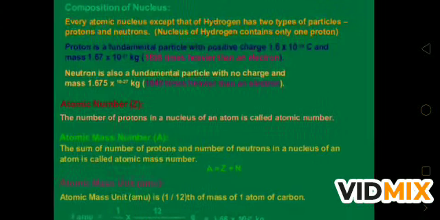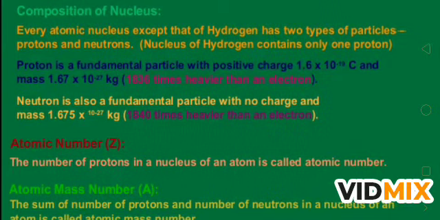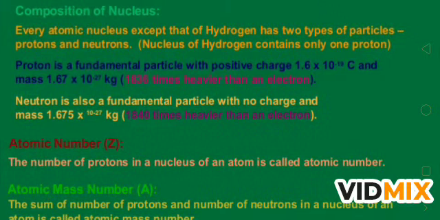Next, what is the composition of the nucleus? The nucleus is a very small part of the atom and it was discovered by Rutherford. Every atomic nucleus except that of hydrogen has two types of particles, proton and neutron.